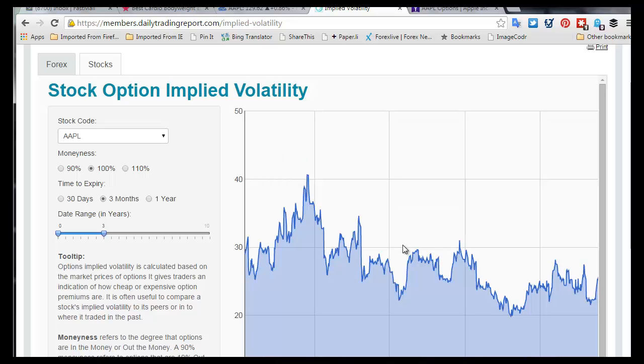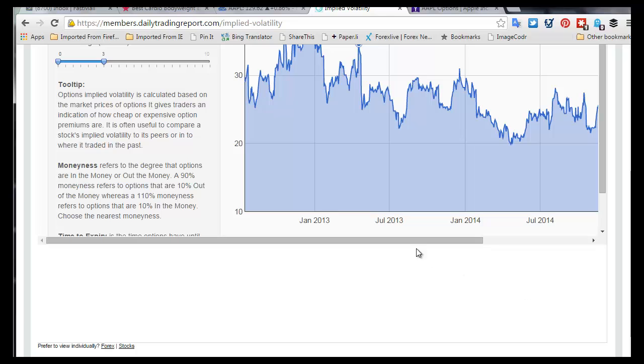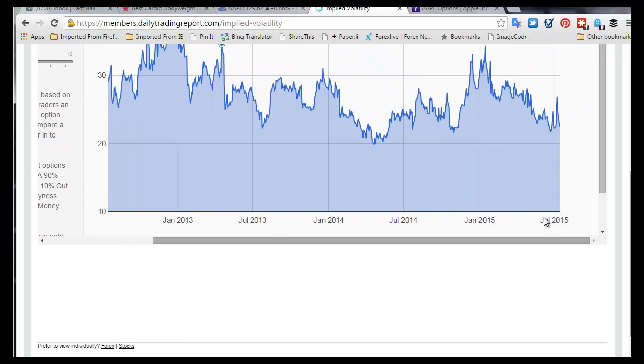I will use 3 months because I'm going to do it on a short-term basis, and we'll see where we stand here. Options volatility is around 22%, and that's pretty much the lowest it goes. It's been a little bit lower than that. So the first step for me is, are options expensive? No, they're not. So I can certainly use options.